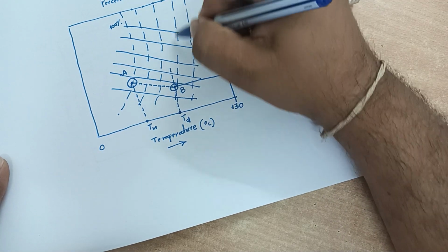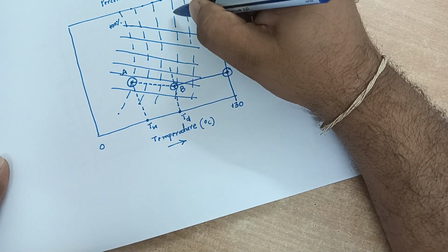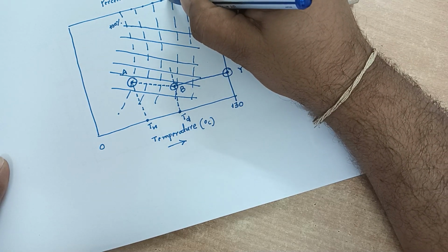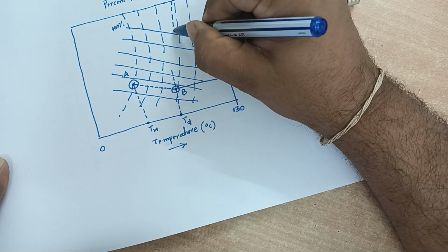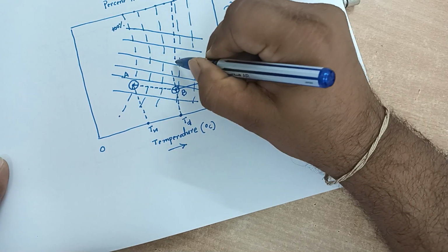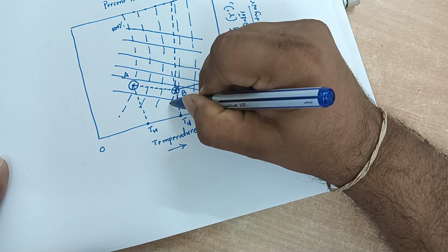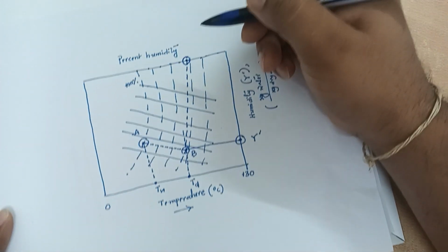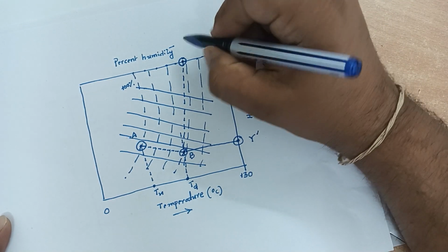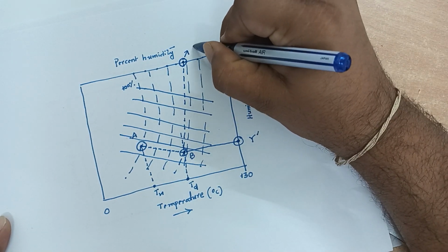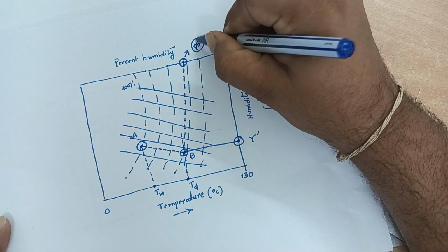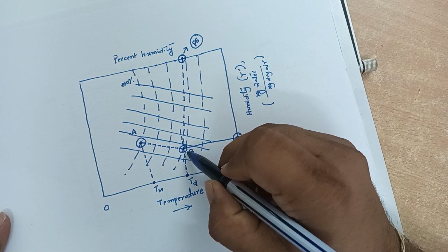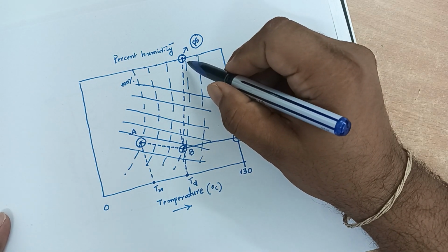Following the trajectory of the percent humidity lines that is already given in the psychrometric chart, you draw another line following the same trend passing through point B. The value that you get at the top scale, at the top of the figure, is going to give you the value of percentage saturation of the air water vapor mixture at the dry bulb and wet bulb temperature. So this value needs to be figured out from the psychrometric chart.